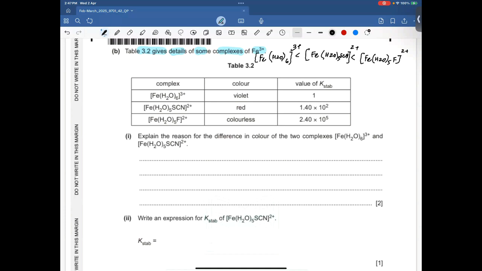This is the stability constant, stability of complex criteria.